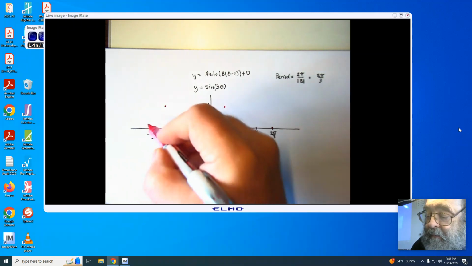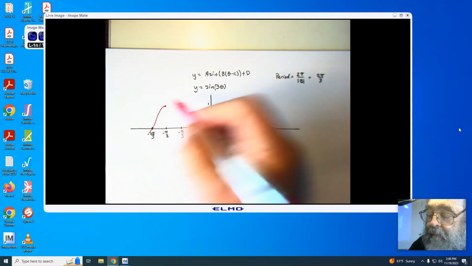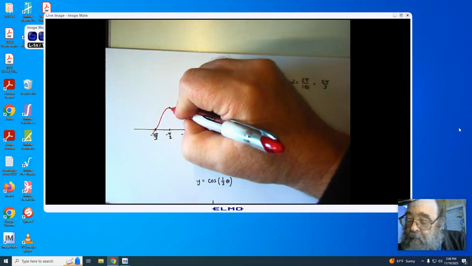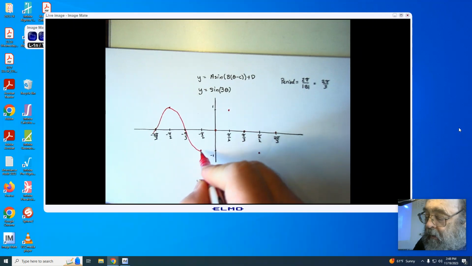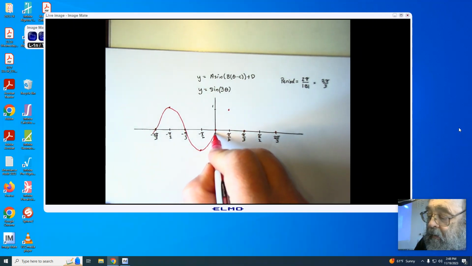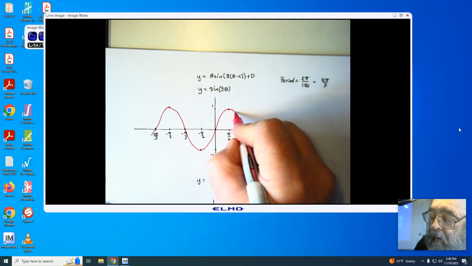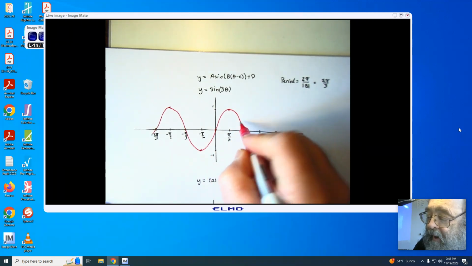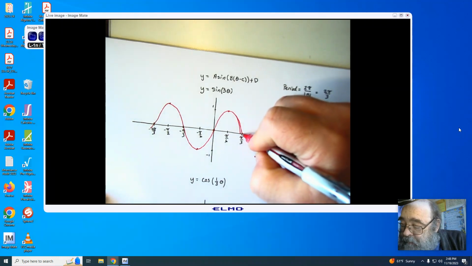Going in the opposite direction, we go down to negative 1, back to 0, up to 1, and then back to 0 again. Our graph goes up, goes down, and back up. Once again, we're not worrying that our graph is perfect. It's not going to be.